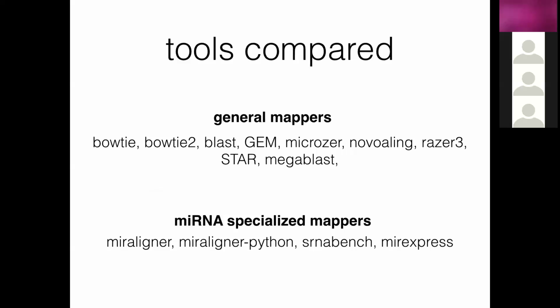And then there are others that are super focused on microRNA, like miRAligner, which is a Java tool and a very simple way to map microRNAs. Another one that people use as well is sRNAbench. And I found miRExpress, even if it's not up to date, because I found in a paper last year that they used it. So, well, people are still using it, so I will try.